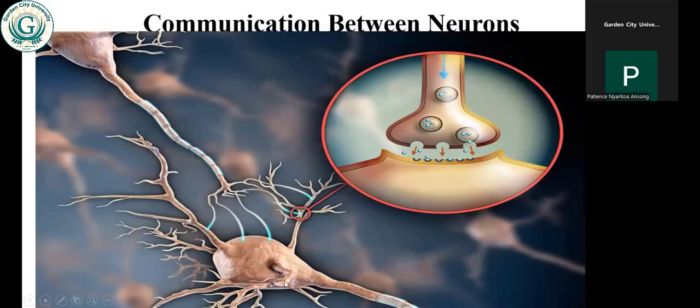That is graded potential. But whenever it crosses the axon hillock, we all know the axon hillock, to the axon, then it turns into an action potential.